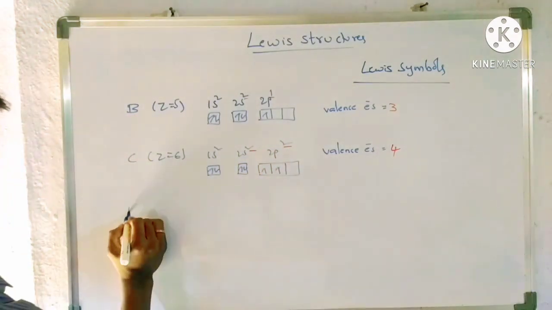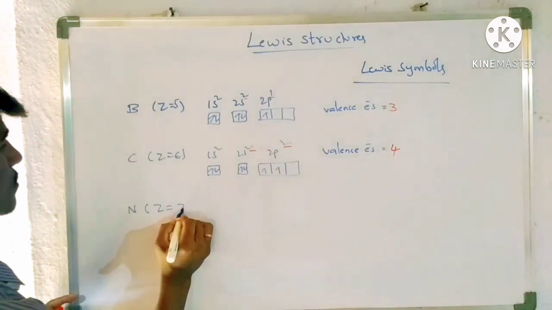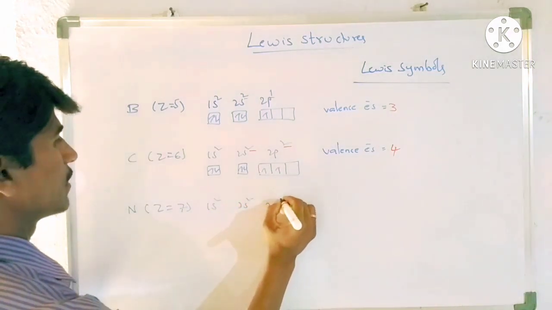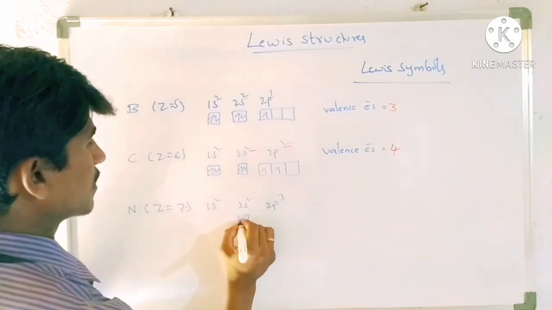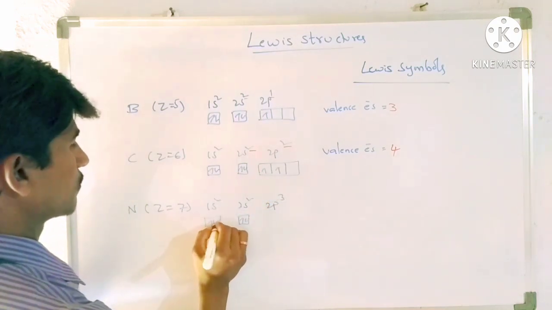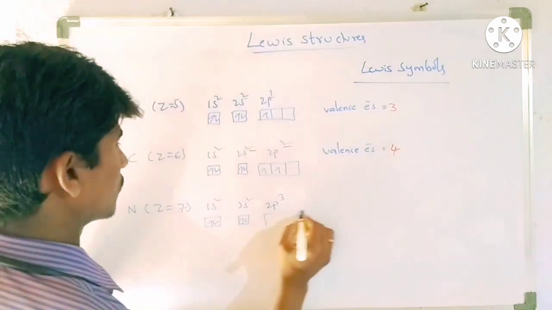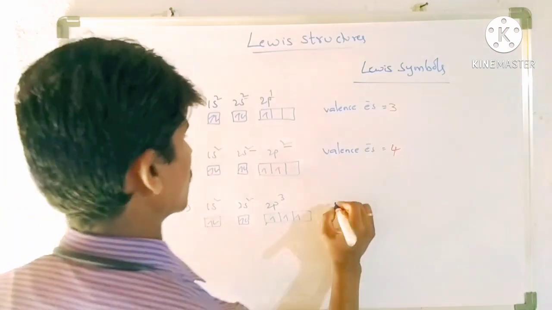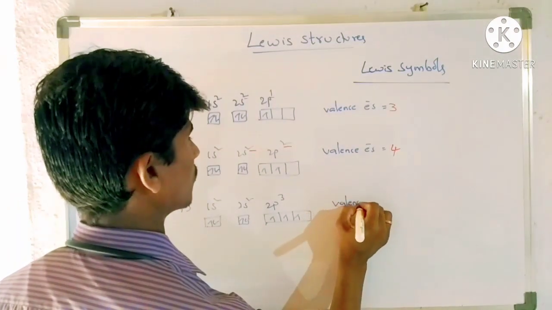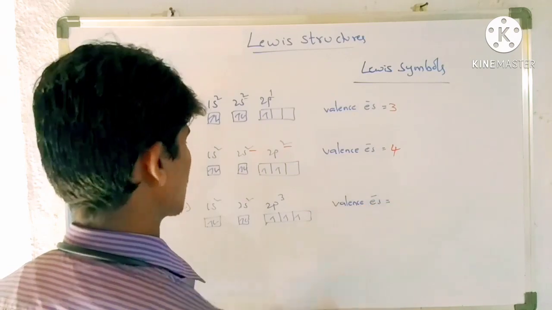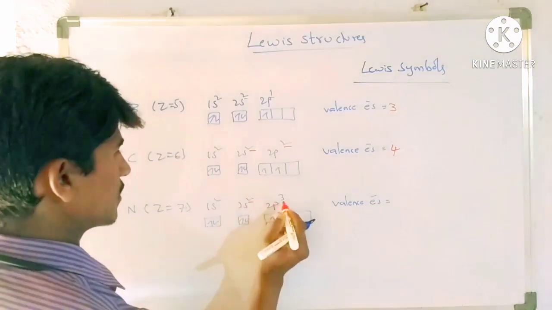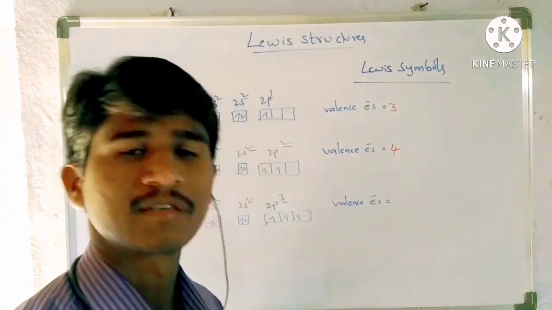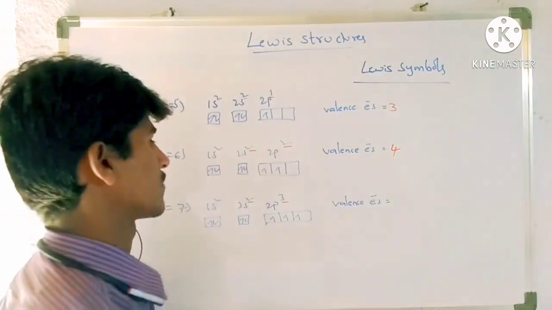Next, nitrogen. Z is equal to 7, 1s2, 2s2, 2p3. Now how many valence electrons are there here? Whatever the last orbit is, that is the valence orbit, and whatever the number of electrons in the last orbit, those are the valence electrons.